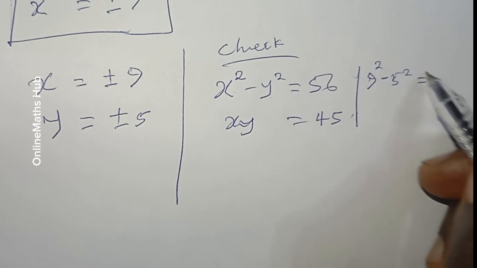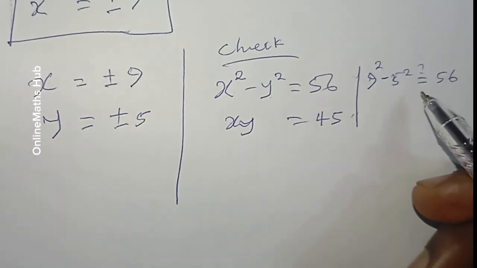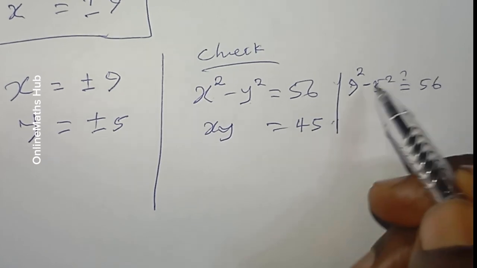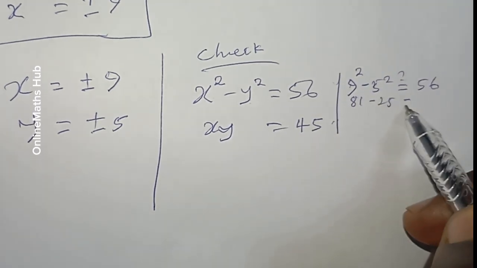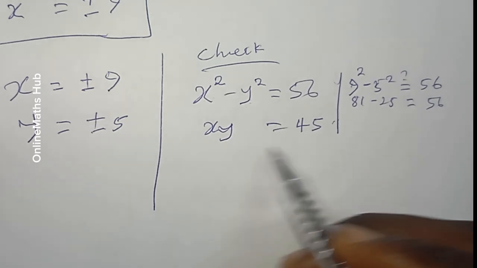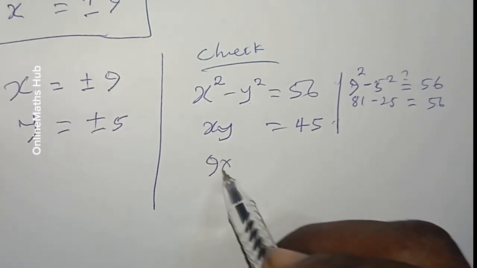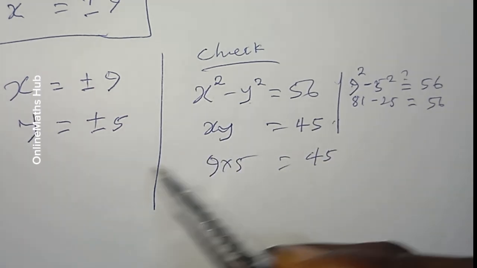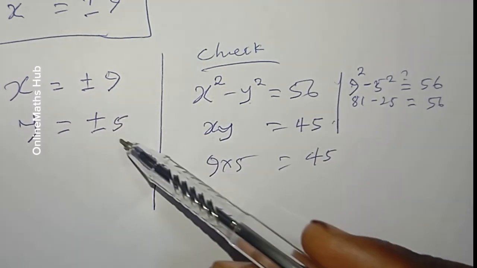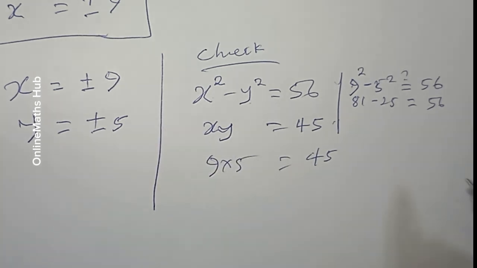Okay, so we want to find out whether this will be equal to 56, and obviously it should be, this is 81 minus 25, which is equal to 56. And then for this, 9 multiplied by 5 is 45. Okay, and then of course when you check negative 9 and negative 5, it will still satisfy the equation, right?